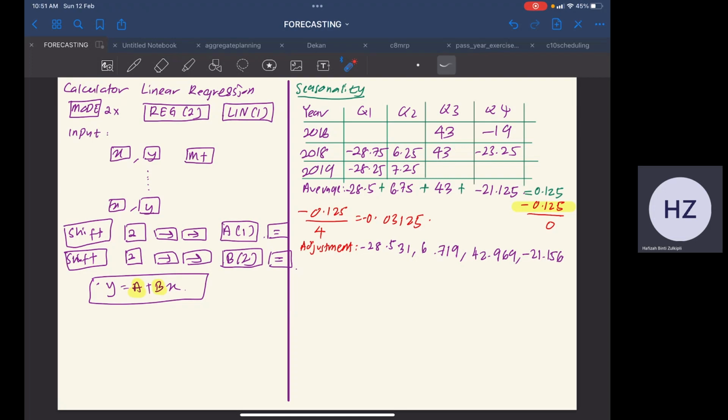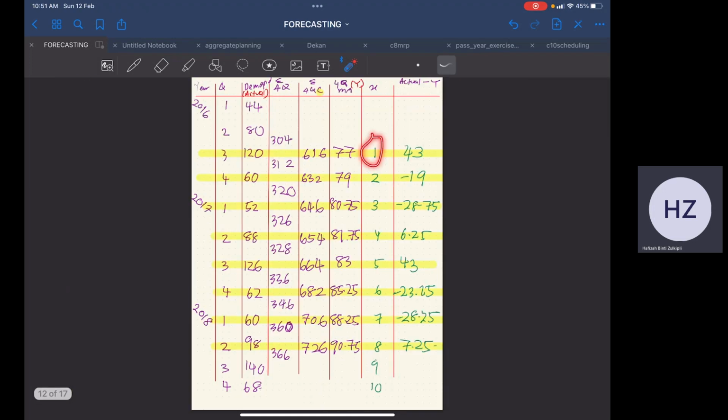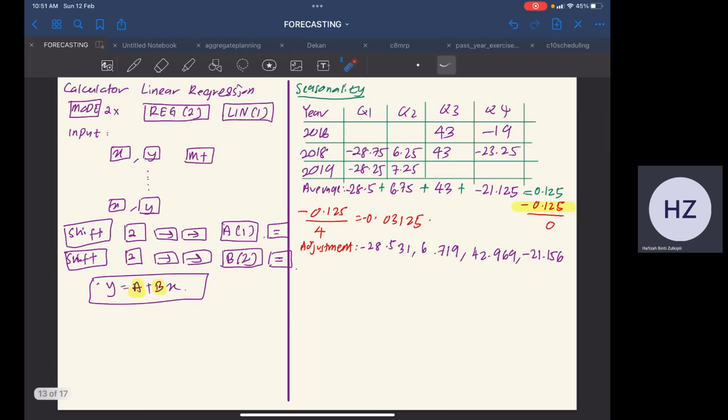So you are under the format of linear regression right now. So we need to key in the values of X, Y, X, Y, and so on. So how can we key in the values?